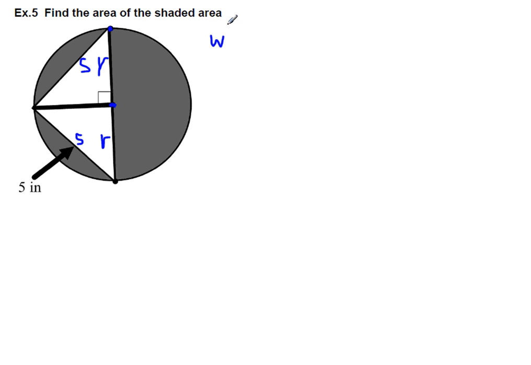So what we're going to do is the area of the whole circle, and then we're going to subtract out the area of the triangle or triangles. So the area of the whole circle minus the triangle.